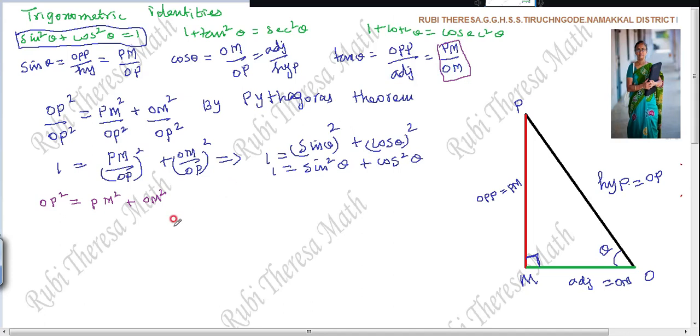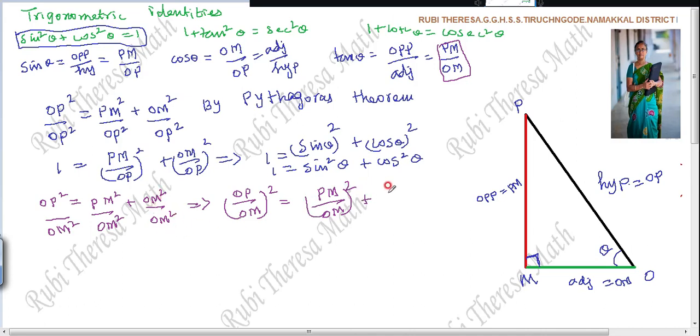So, dividing each term by OM squared. So, this is nothing but OP by OM the whole square equal to PM by OM the whole square.